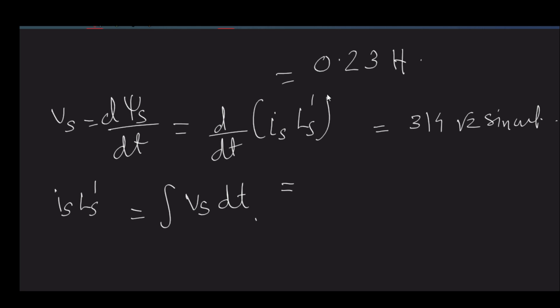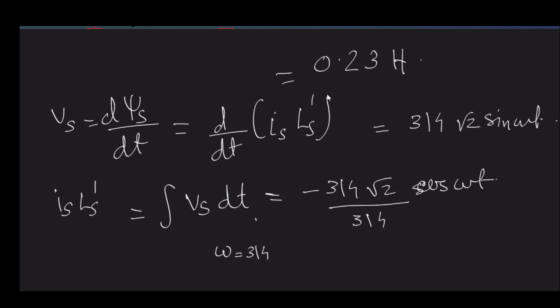So what you will be getting here is minus 314 root 2 by 314, here we are assuming omega is equal to 314, cos omega t. So you will be getting something like minus root 2 cos 314t.